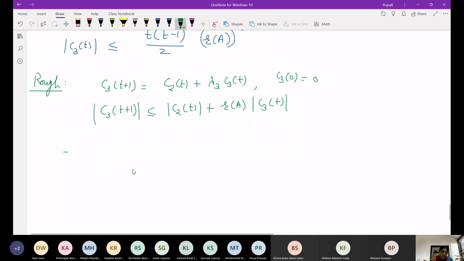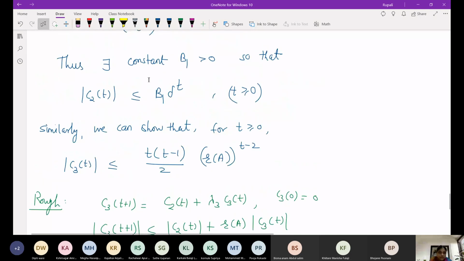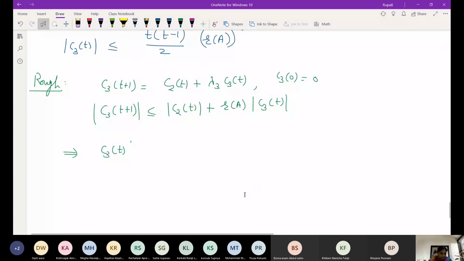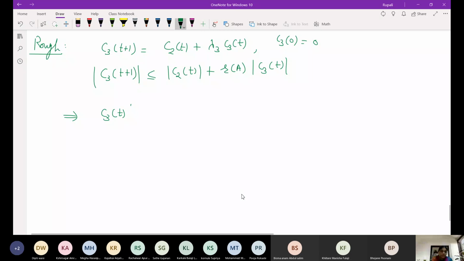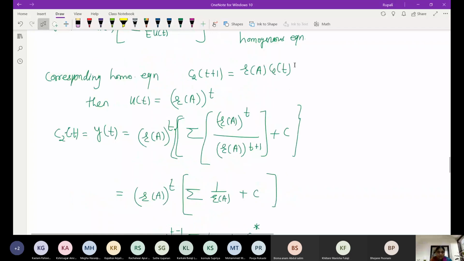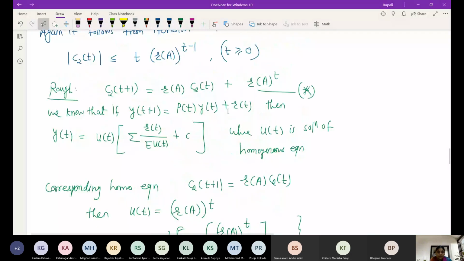So what is the c3t? c2t we have got as t times r of a raised to t minus 1, right? Yes, ma'am. So what should be c3t? c3t is less than or equal to, again we have to use that formula, whatever we did here for c2, summation r of t upon eu of t.